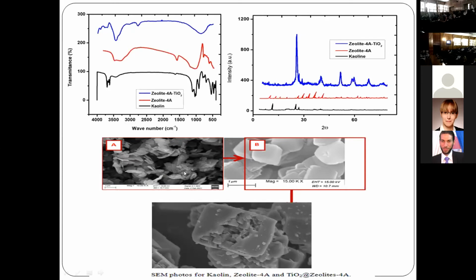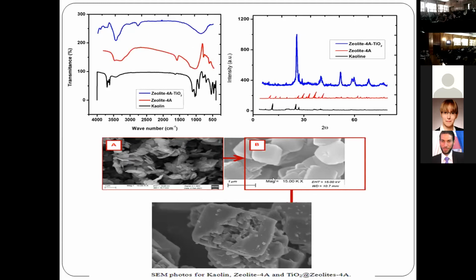If we look at the SEM, we can find a huge change in the natural materials that we modified in our lab. First, on the left, you can see the SEM of kaolin. As you can see, it is a compact flat sheet, like a book, with small surface area and low active sites.